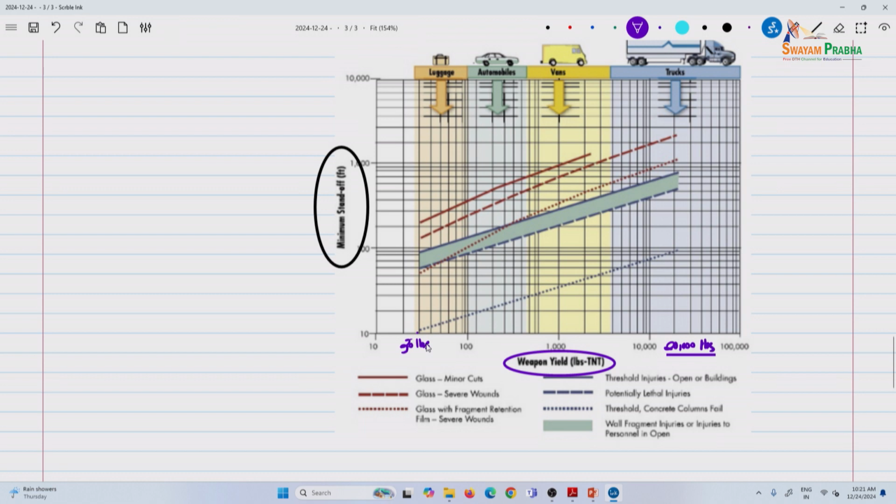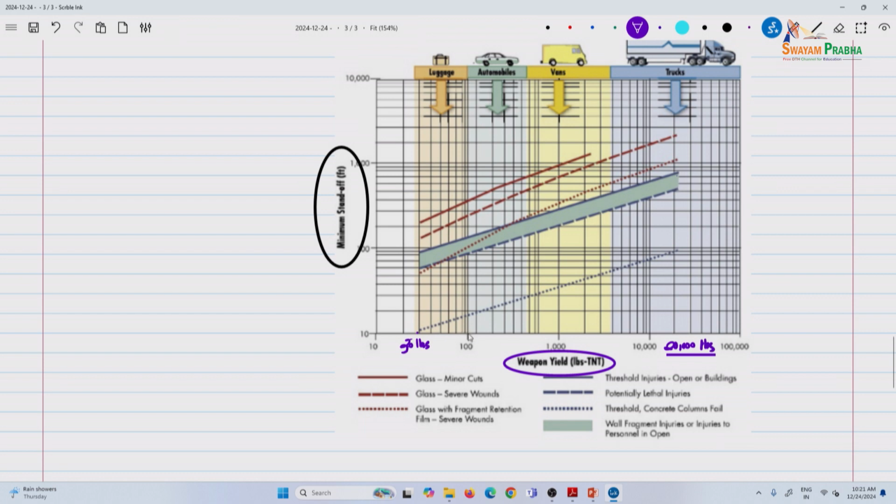So 30 to 2000 range. Glass, minor cuts, severe wounds, glass with fragmentation retention film, severe wounds, threshold injuries in open buildings, that is here. Between these two, potentially lethal injuries.